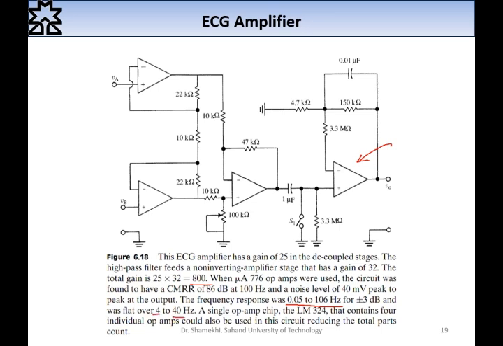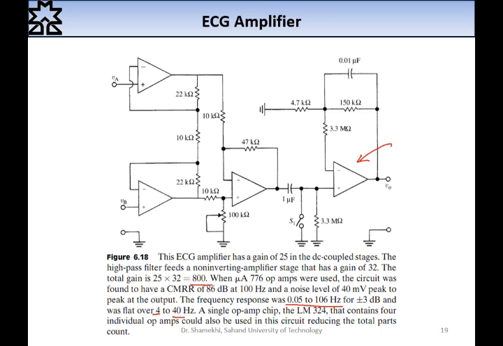This is a general and feasible design for you to use it in the lab to have a good ECG amplifier in the laboratory situation, not in the practical clinical situation.